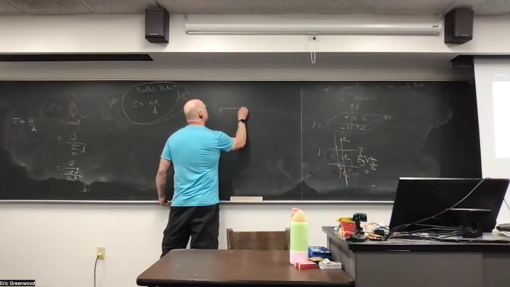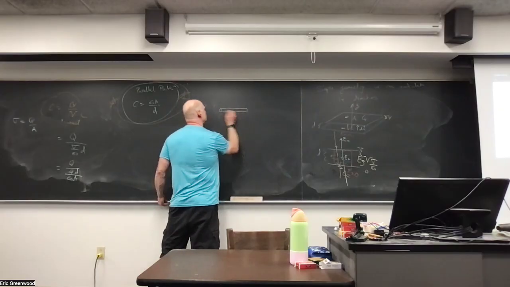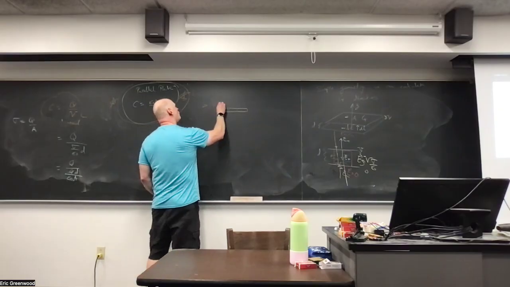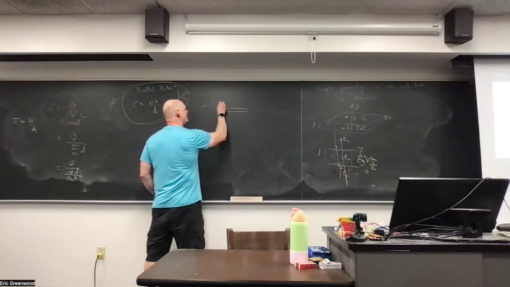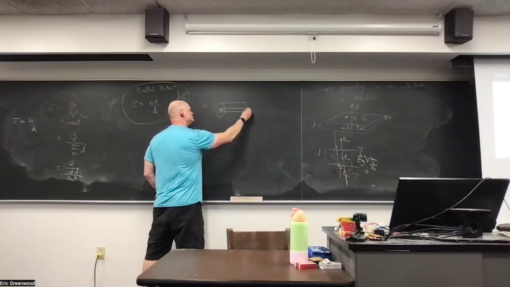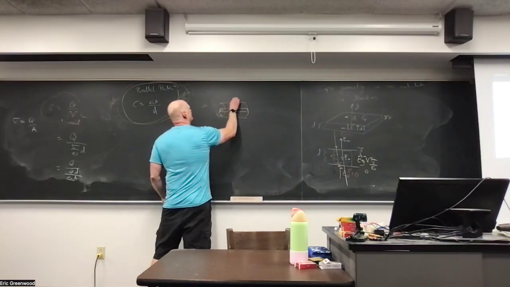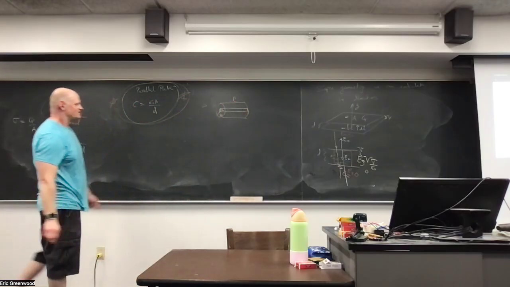Here I have an inside cylinder or wire with some radius A. And then I have a coaxial shell around it, which has some radius of B, and each one of these is of equal length, which we're just going to call L.